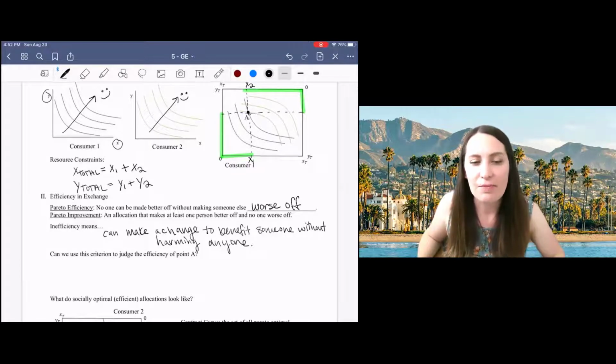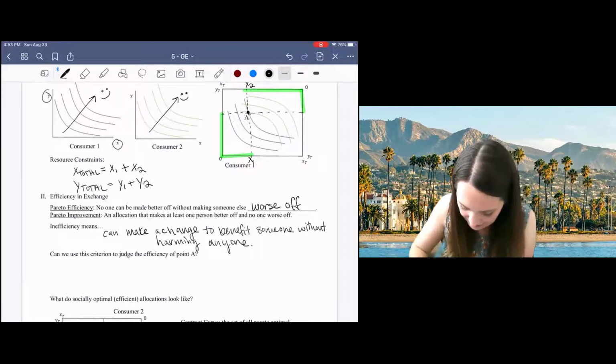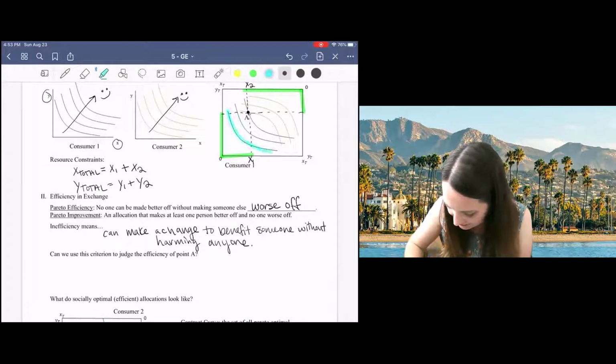So if we look at point A, we want to look and see, are there allocations within the box that would make both consumer 1 and consumer 2 happier, or at least not less happy? So for consumer 1, you can see that the indifference curves look like this.